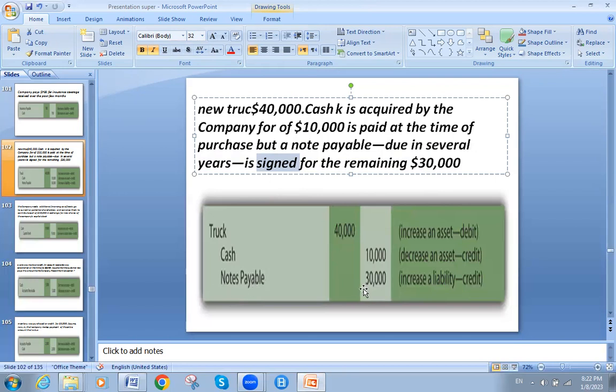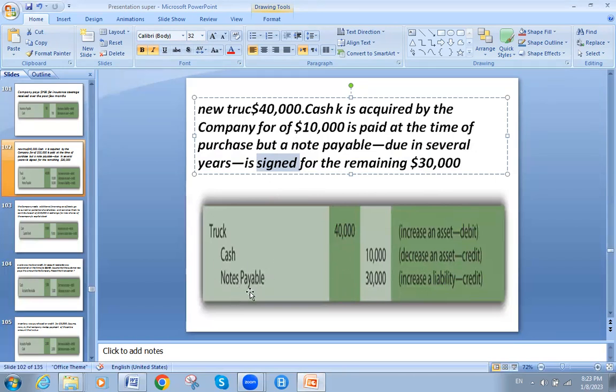So notes payable for 30,000. That's it. So the truck, 40,000, is in the debit, and the cash is credit because we paid 10,000. So the cash decreased in our own accounts.